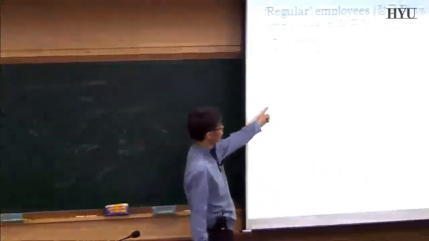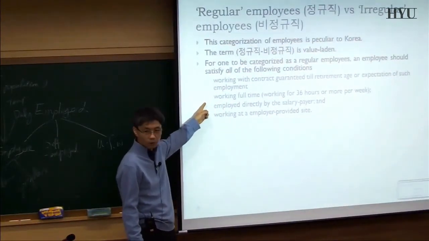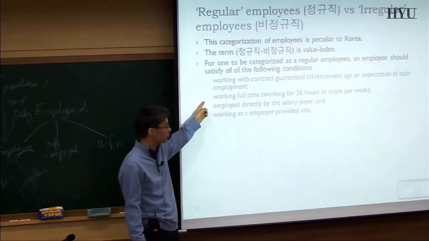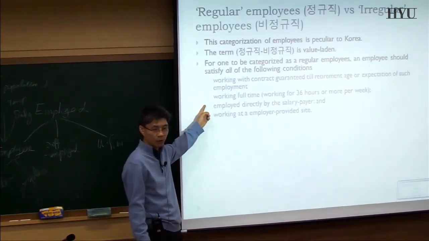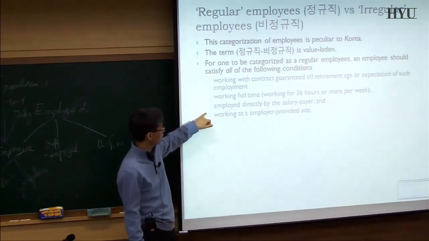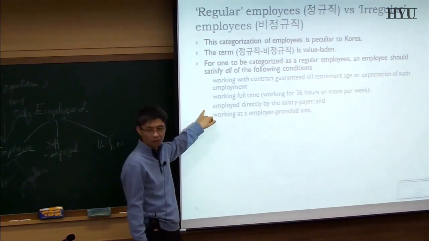Second, you should be working full-time, 36 hours or more per week. So if you have a job that works 35 hours per week, then you are not a regular employee. Okay? And this person should be employed directly by the salary payer.